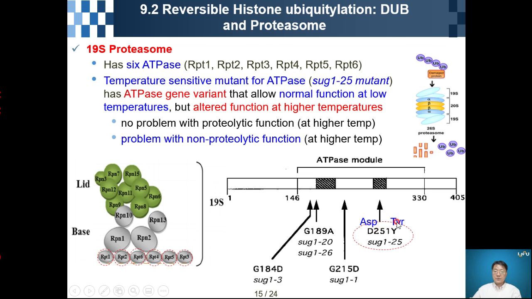Y is tyrosine. Okay, so this temperature sensitive mutant pro ATPase, especially the SOC125 mutant, has an ATPase gene variant that allows normal function at lower temperature.